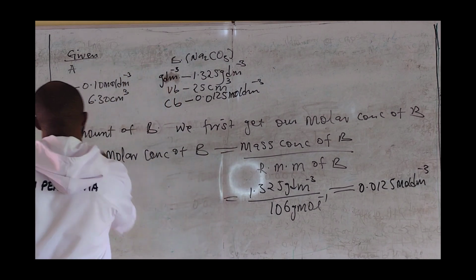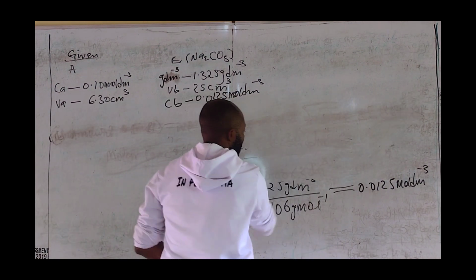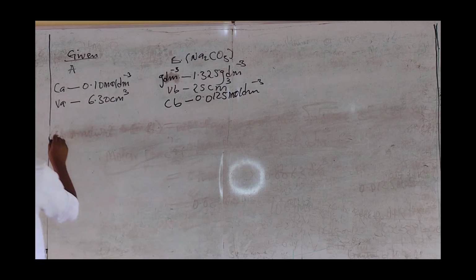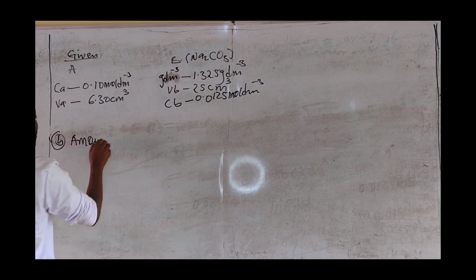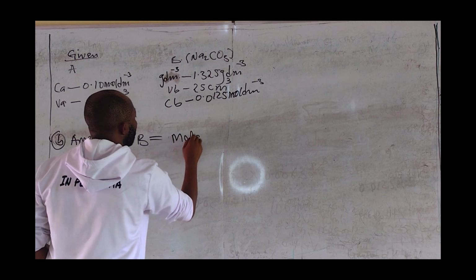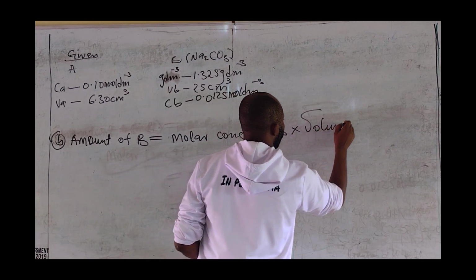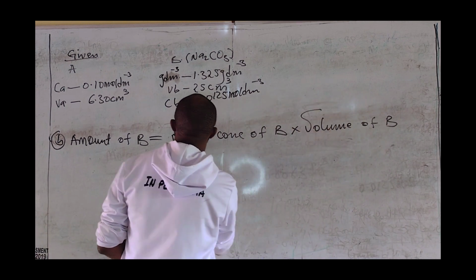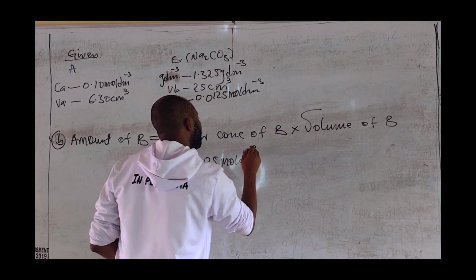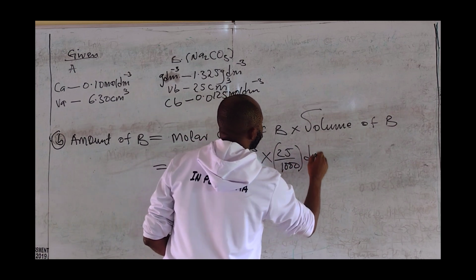Therefore, the amount of B is the molar concentration of B times the volume of B. The molar concentration of B is 0.0125 mole per dm cube, times the volume of B, which is 25 over 1000. Remember, it's always in dm cube.